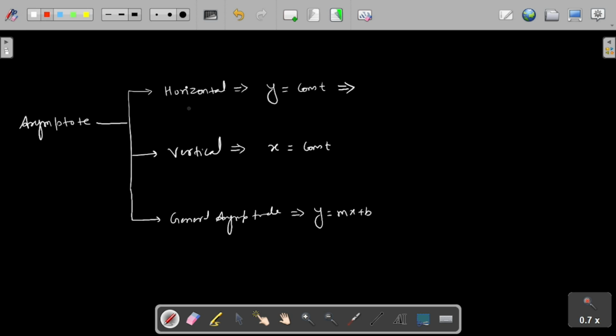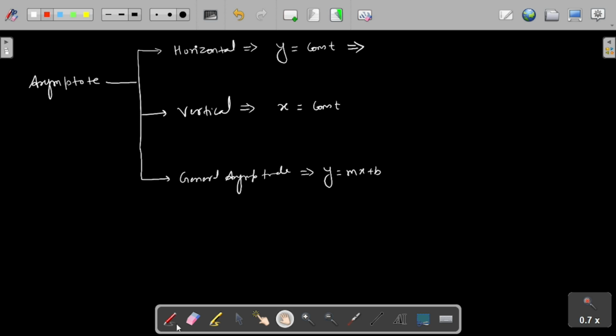So let's take an example. For example, we have y equals x squared plus 2 upon x minus 2.